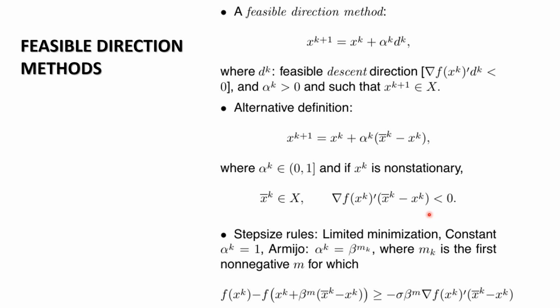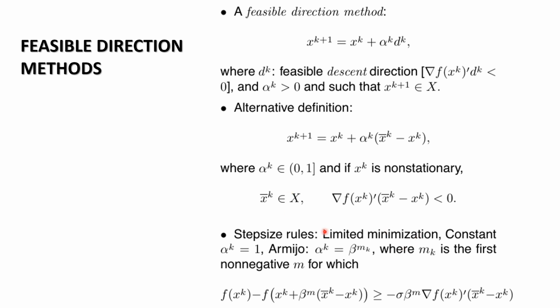This ensures you're going in a descent direction, and alpha k from the segment from 0 to 1 ensures that the update stays within the feasible region, as it's a convex combination of xk and x bar k.